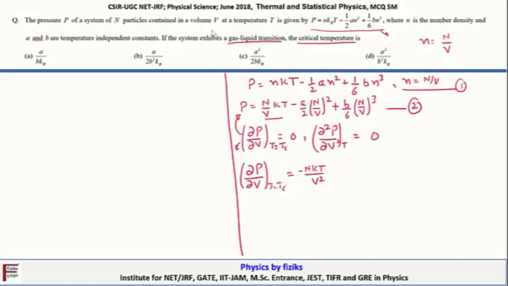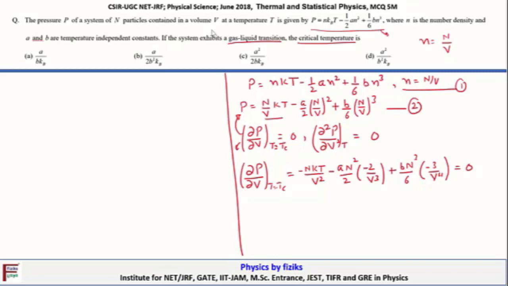From the second term, keeping the constants outside, minus A N squared by 2 and then the differential of 1/V squared, which gives a factor of minus 2/V cubed. Now the third term, B N cubed by 6 outside, and the differential of 1/V cubed gives minus 3 upon V to the power 4, and this should be equal to 0.